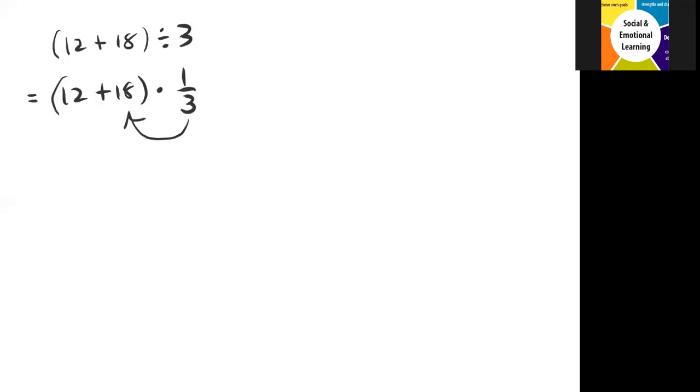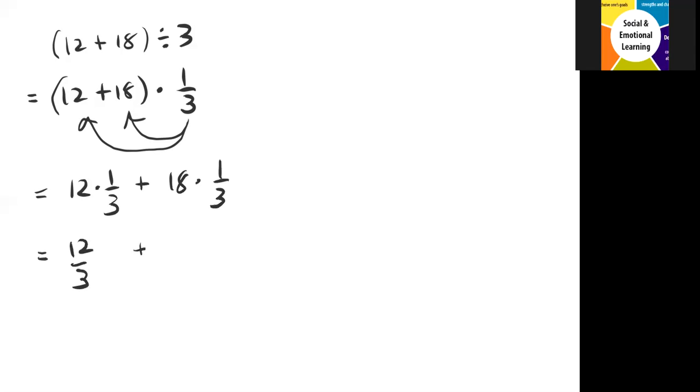So I can distribute this 1/3 in here and say, okay, this is 12 times 1/3 plus 18 times 1/3. And 12 times 1/3 is 12 over 3, and this is 18 over 3. And this is 4 plus 6, which is equal to 10.